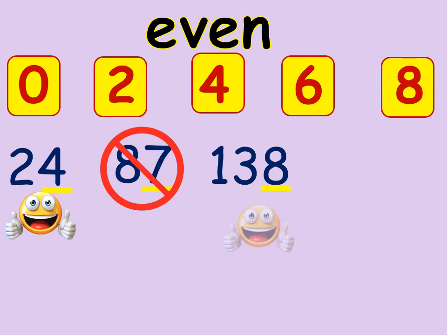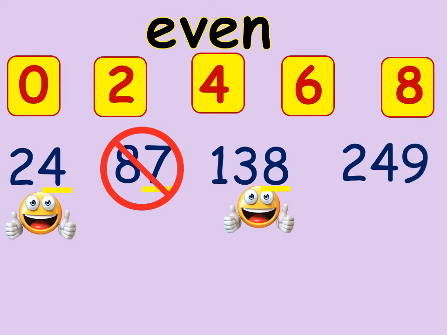So that means 138 is even. 249. Oh my goodness. That's a lot of skip counting. I don't want to do that. We just have to look at one digit. 9. Is 9 even? Nope. So 249 is not even.